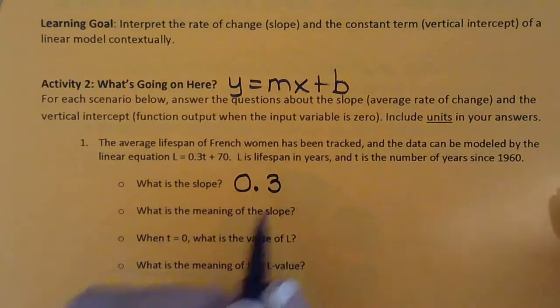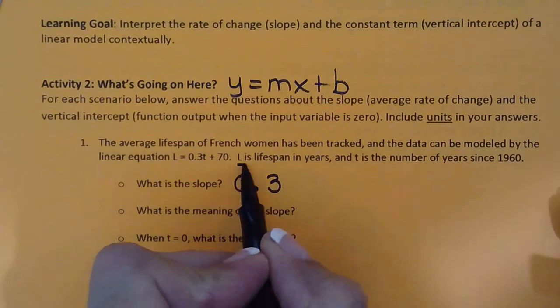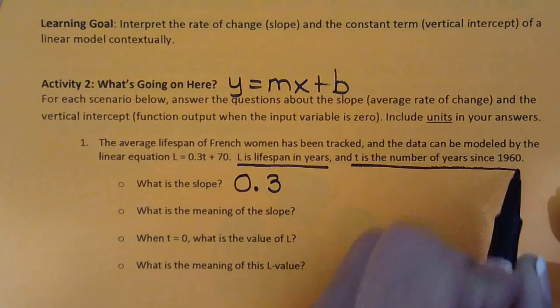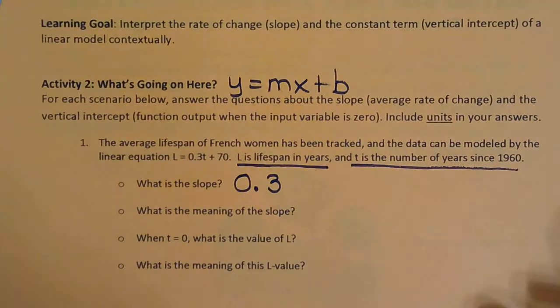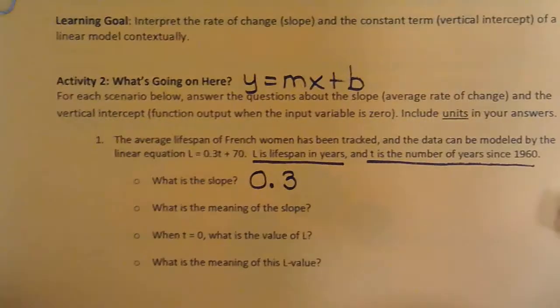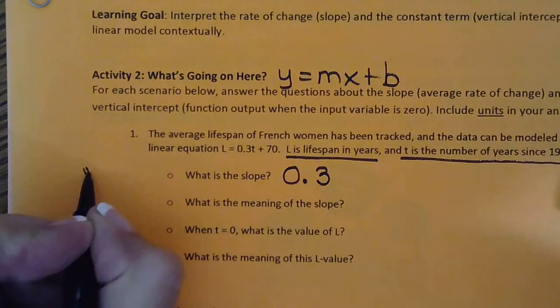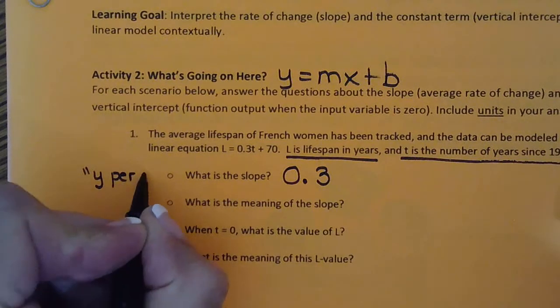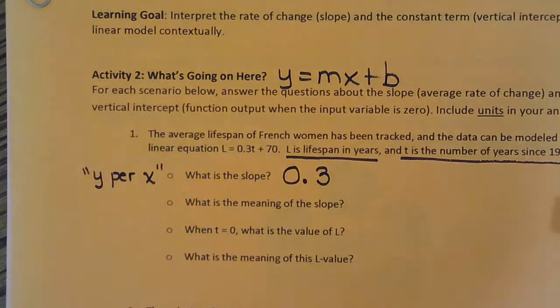So what is the slope? 0.3. And L is the lifespan in years. t is the number of years since 1960. They told us to label everything, so we need to label that. Remember, slope, rate of change, all those things get labeled y per x.